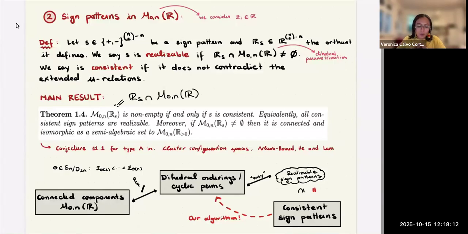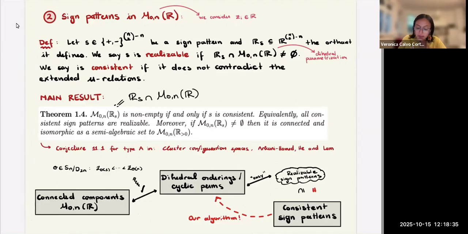So you have some combinatorial condition, which would be this consistency condition, and you want to check which one actually corresponds to a point that can be realized in a geometric space, which in this case would be the moduli space.